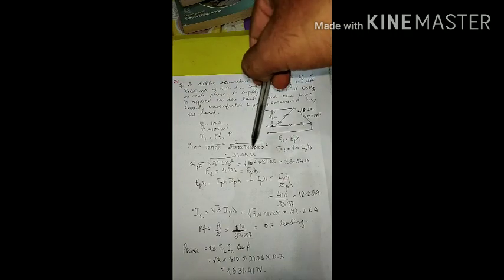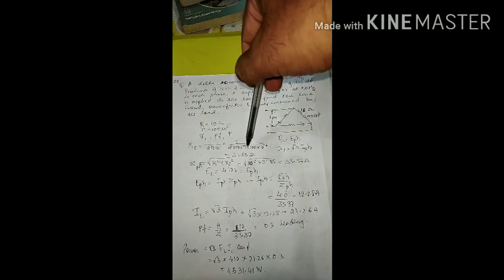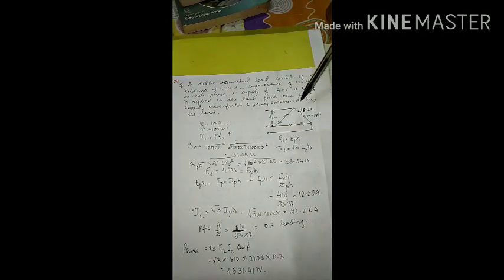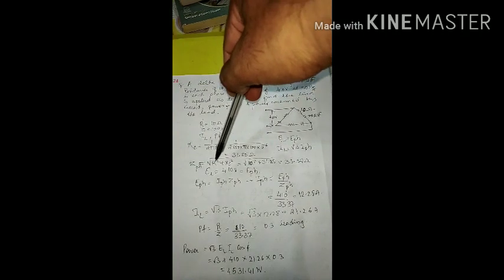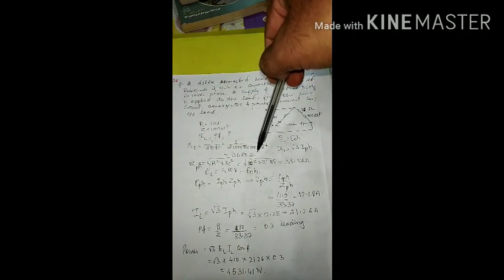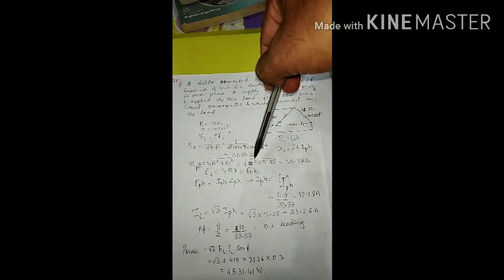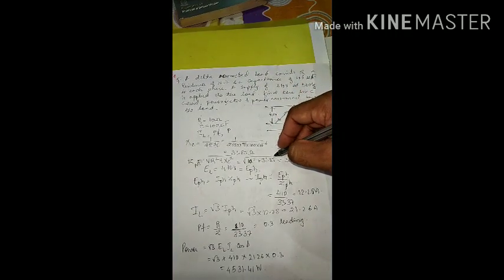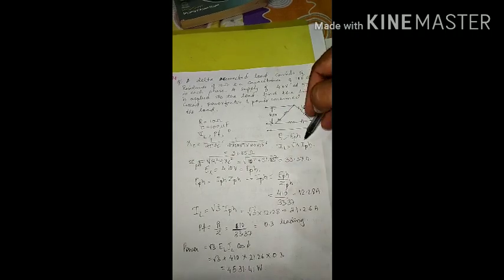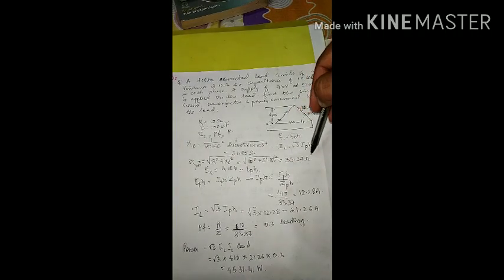So now you got the value of Xc. The impedance is a combination of resistance and capacitive reactance, so it is square root of R square plus Xc square. Square root of 10 square plus 31.85 square, which the answer is 33.37 ohm.